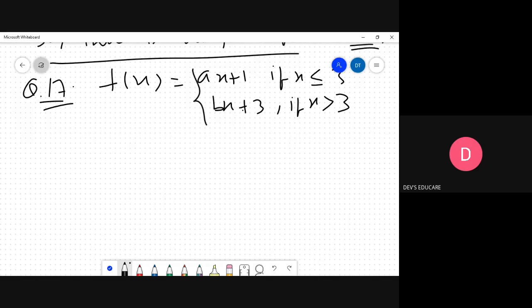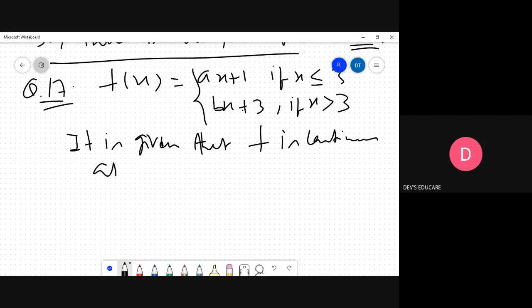It is given that f is continuous at x equals 3. Here you can skip the step of taking h, because continuity is already given. So we can directly take LHL equal to RHL.